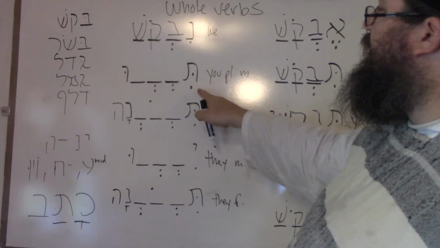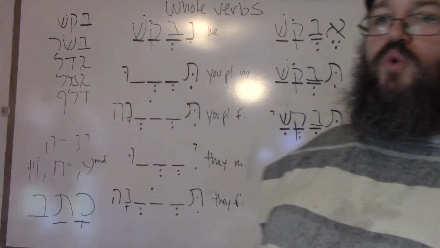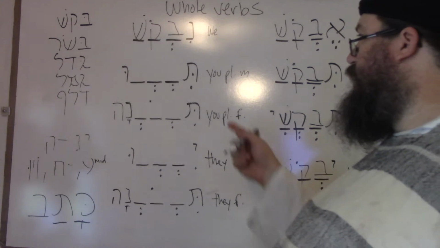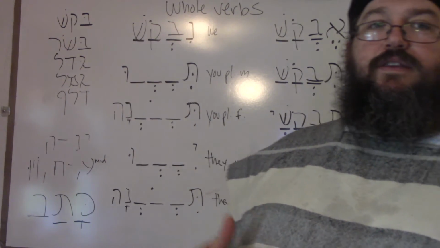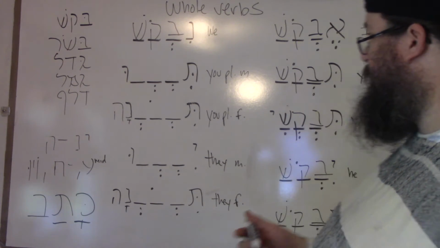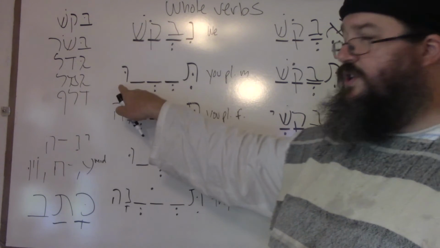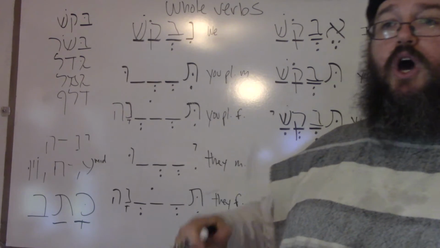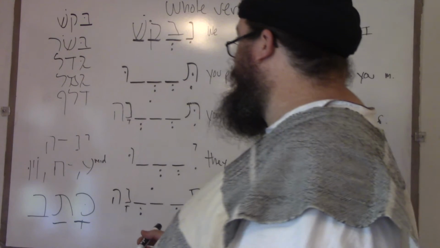So when you see the tav, you have to think of atem, you, the pronoun you masculine plural. The u is also the indicator that this is plural. Okay? Because if you think of it over here in the masculine singular, it is tiv kosh, right? Here you see the T, but you see the U at the end. So when you see the U, always remember plural. This is a plural form of the second person.